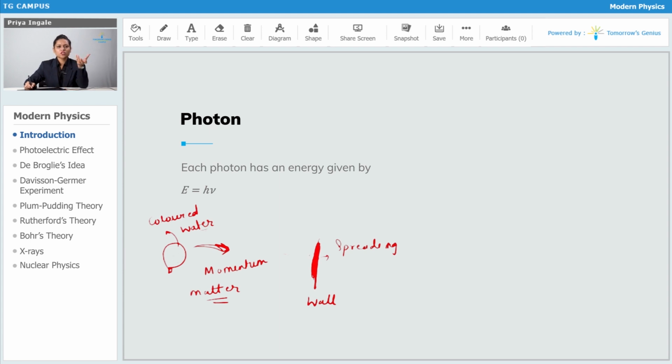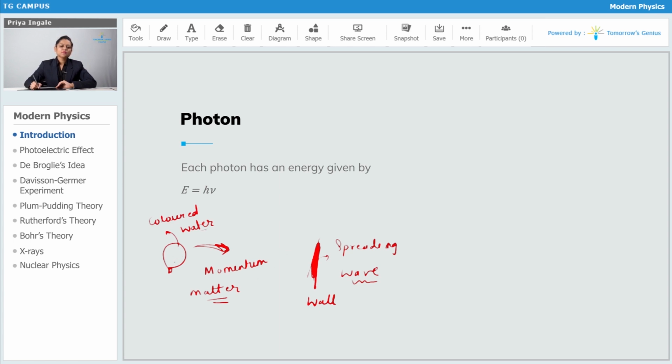That means colored water gets spread on the wall. So, here I can see the radiation or wave nature, right? So, the dual nature can be shown. Here this dual nature is trying to explain to you that a photon is matter as well as a radiation form.